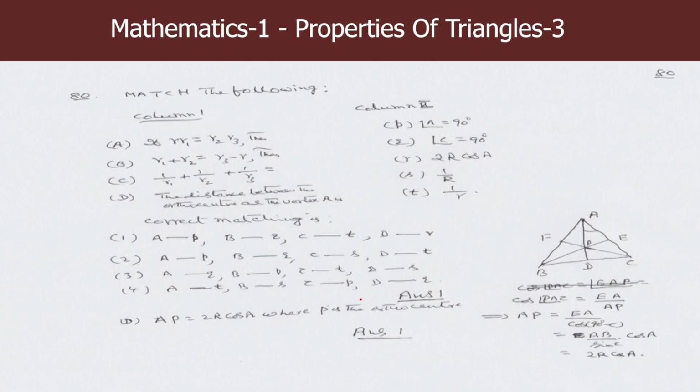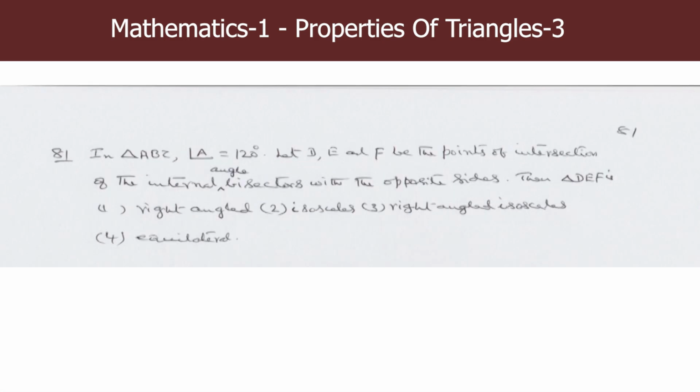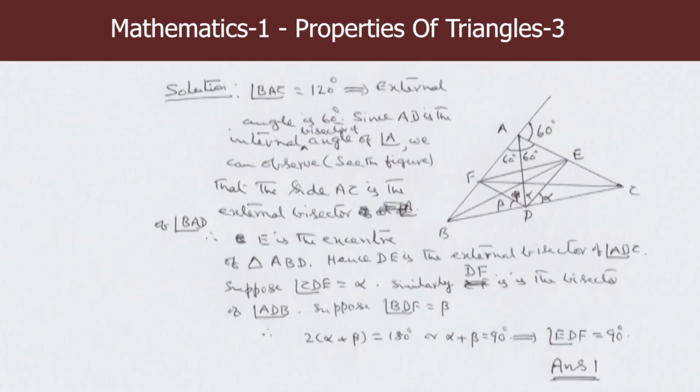A goes to P, B goes to Q, C goes to T, and D goes to R. 81. In triangle ABC, angle A is equal to 120 degrees. Let D, E and F be the points of intersection of the internal angle bisectors with the opposite sides.